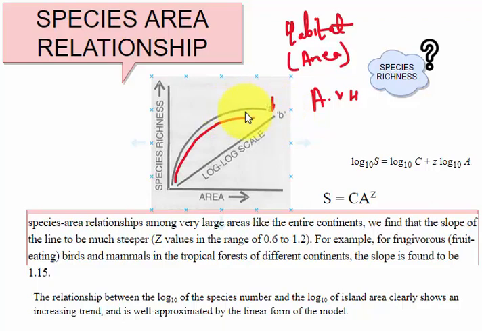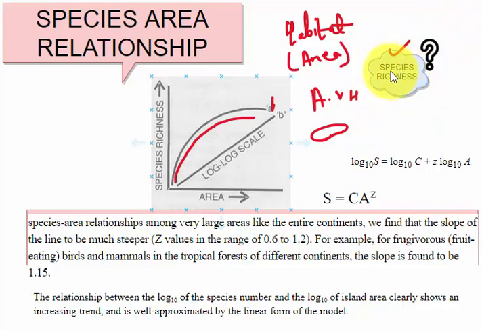Okay, so what is the meaning of species diversity? Species diversity is the variety of species in a particular region. So in a particular region, how many varieties of species are present is called the species diversity. It is measured by two terms, one is species richness and one is species evenness.